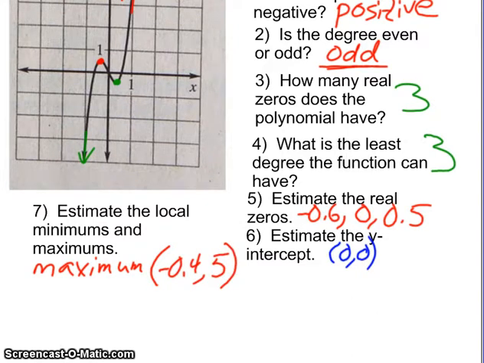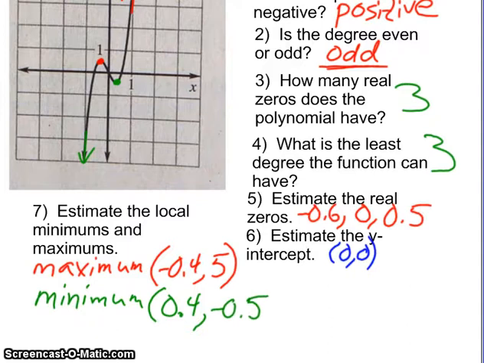The green one, the local minimum, I'm going to say x is about positive 0.4, and y is about negative 0.5. Put my decimal point in the last problem. Okay. All right, so those are the 7 questions.